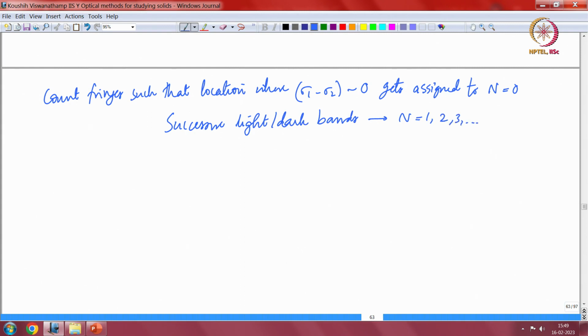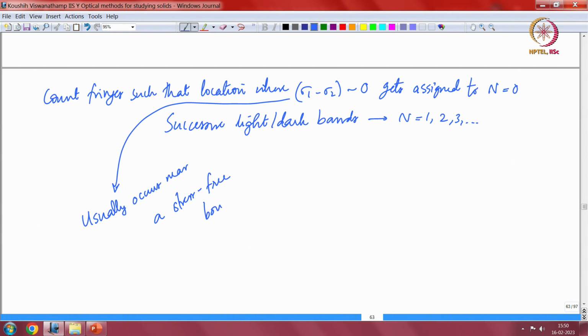Of course, if you have a light band, then you have integer n for a light field, for a bright field image. If you have dark band, you have integer n for a dark field image. Okay. So, just make sure that that distinction is clear. Otherwise, you can just increase count from this location, and usually this location occurs in a practical problem near a stress free boundary.